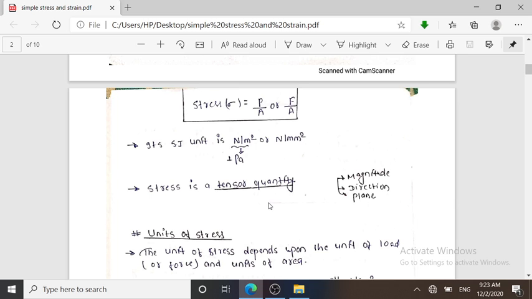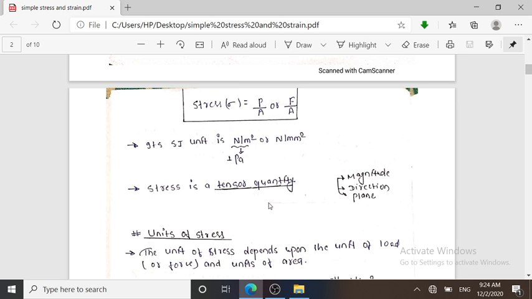So my dear friends, यहाँ पे एक और interesting term है, stress is a tensor quantity. If someone asks you whether stress is a vector quantity or a scalar quantity, no, it is neither a scalar quantity nor a vector quantity. It is a tensor quantity. This is so because a vector quantity must consist of magnitude and direction.